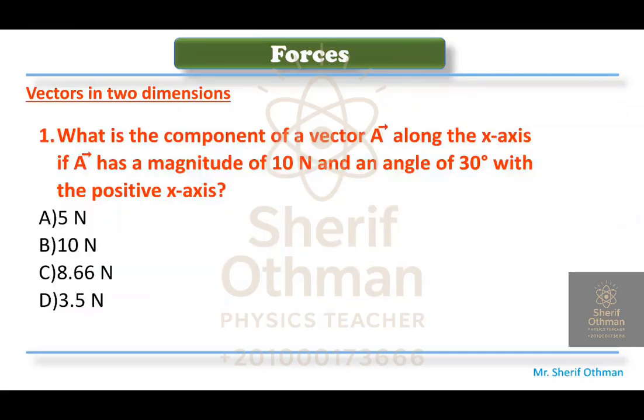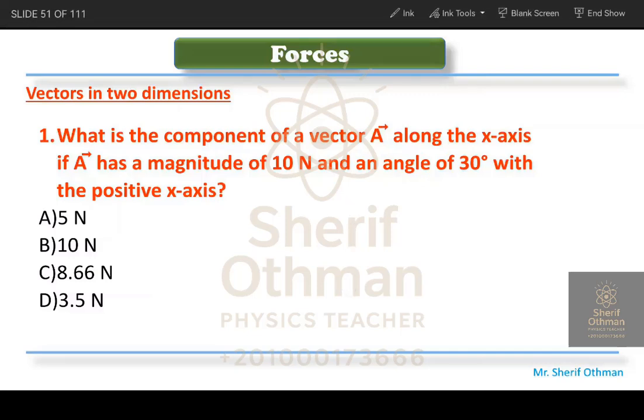What is the component of vector A along the x-axis if A has a magnitude of 10 Newton and the angle is 30 degrees? By applying the rule, what is the component of A along the x direction? So he is asking about Ax.